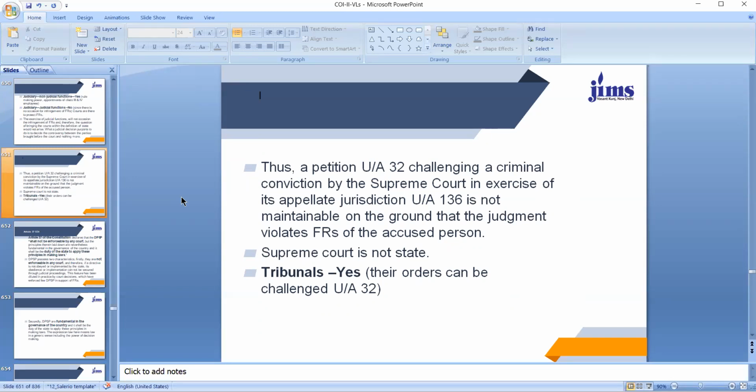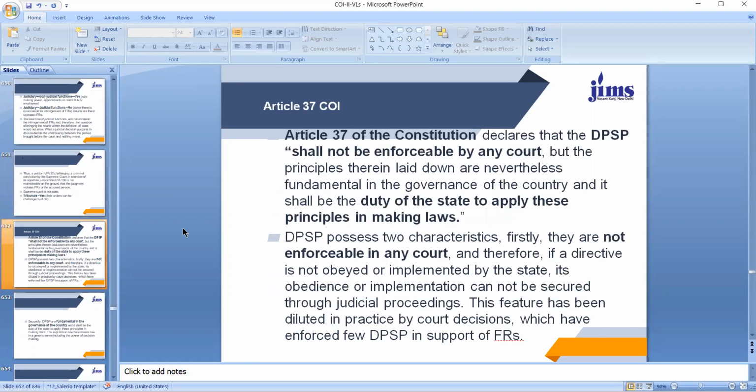Supreme Court also is not a state. State means Lok Sabha, Rajya Sabha headed by the President of India. Yes, of course, tribunals are included in the definition of state, and their orders can be challenged under Article 32. But Supreme Court, High Court, and the entire hierarchy of courts is not included in the definition of word state.